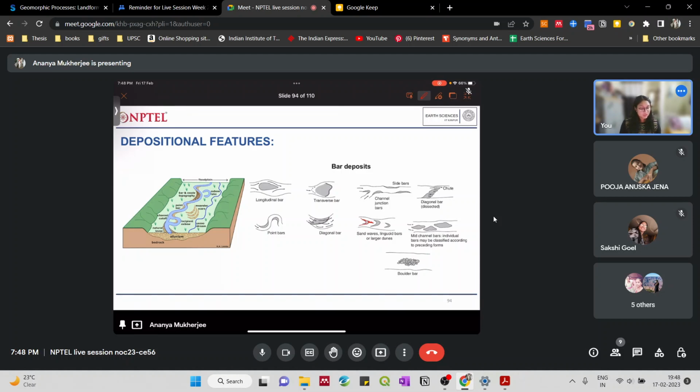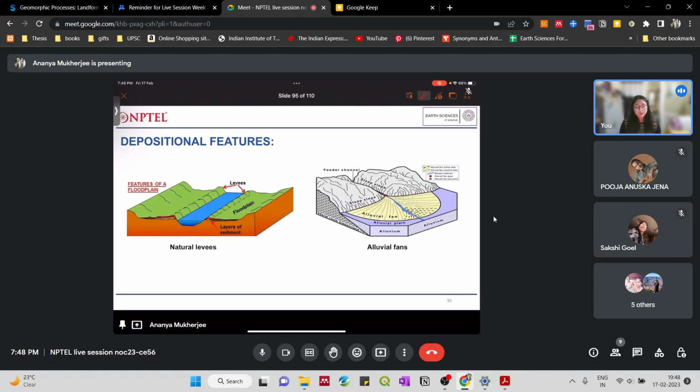You have mid channel bars and you have boulder bars. Boulder bars are mostly made up of very big sediments. So these are some of the bar deposits. These are depositional features that are created within the channel, within the riverbed, or on the sides of the river channel. Then you have natural levees.